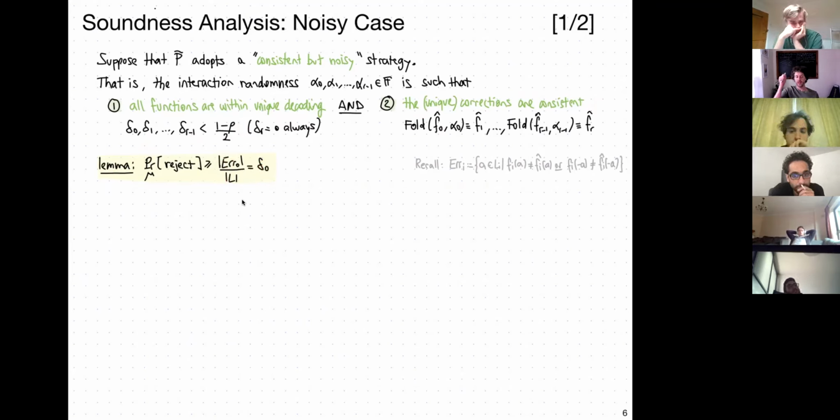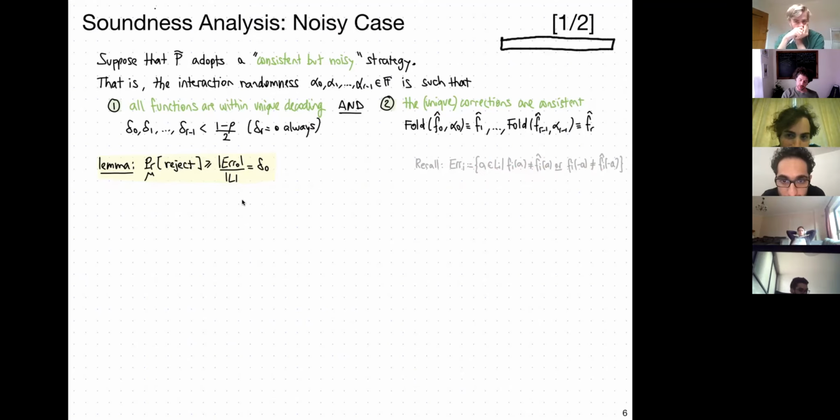So we have this function delta, and remember we discussed this error set, which is again in this coset structure. These are all of the alphas in which the function does not agree with its correction. These are all of the noisy points. Right? So maybe a good picture to have in mind is that we have these functions f_i, and then somebody is putting a little bit of noise here, a little bit of noise here, and a little bit of noise here.